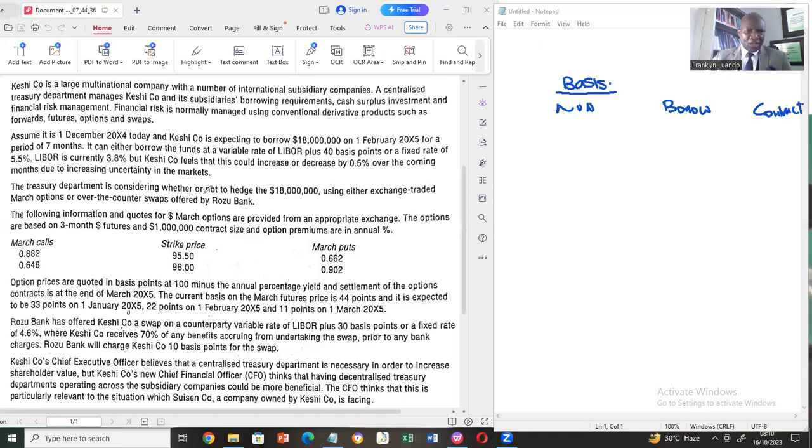We are told now is 1st December X4. The borrowing is on 1st February 20X5, so this is 1st February X5. This simply means this is a March contract, 31st March. The basis period is 4 months.